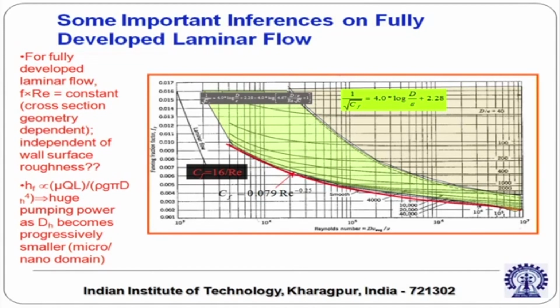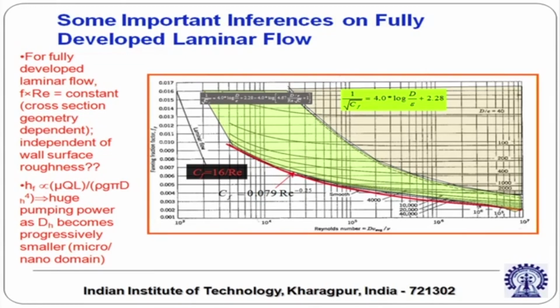So, the friction factor is depending on the roughness, but for fully developed laminar flow the roughness is apparently having no role to play, because all the perturbations induced to the flow because of roughness are attenuated. Perturbations do not amplify in a laminar flow.